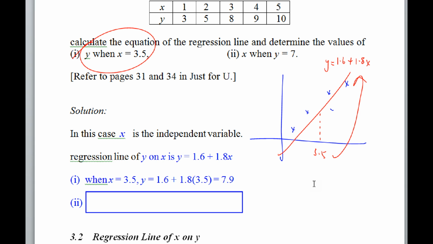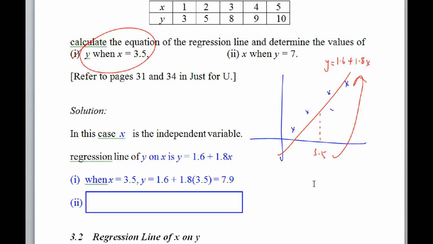Now, if you are given y equals to 7, you want to predict what is x. In this case, I stress again, because x is time, and hence is the independent variable, you will still use the same straight line to find out what is the value of x.